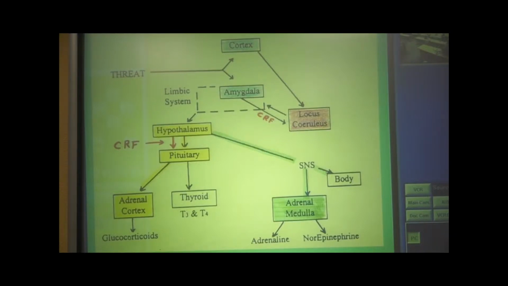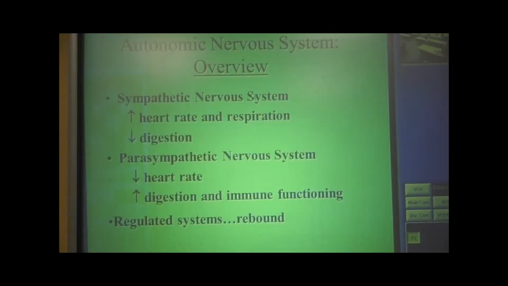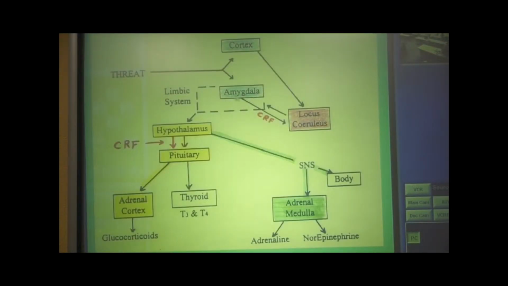This is really and truly a life-threatening event happening right here. And so part of the brain stress circuits are pathways that go from the cortex down into this brainstem nucleus called the locus coeruleus. And also, there are separate pathways from the amygdala that feed down into the locus coeruleus. And each one of them basically is saying danger.